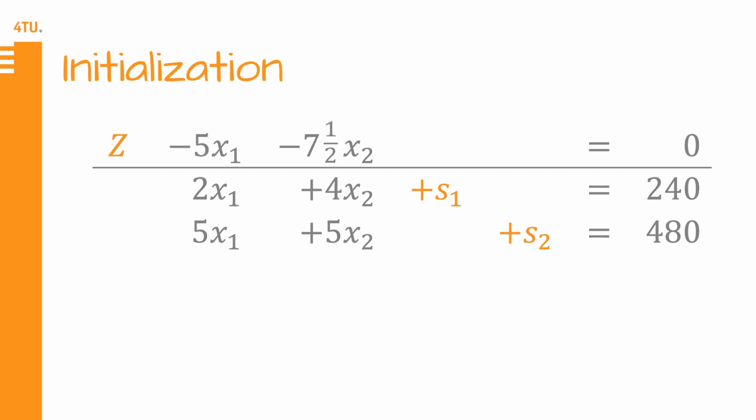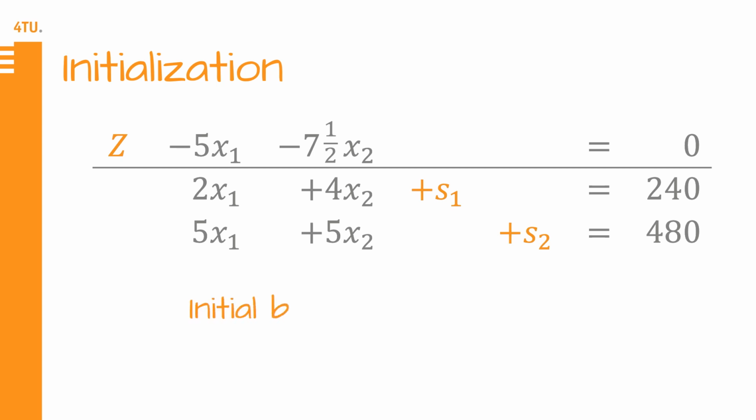In this system, we have only one basic variable in each equation, and each basic variable appears in only one of the equations with coefficient 1. Because the non-basic variables have value 0, we can immediately derive that s1 is equal to 240, s2 is equal to 480, and that the objective function z has value 0.